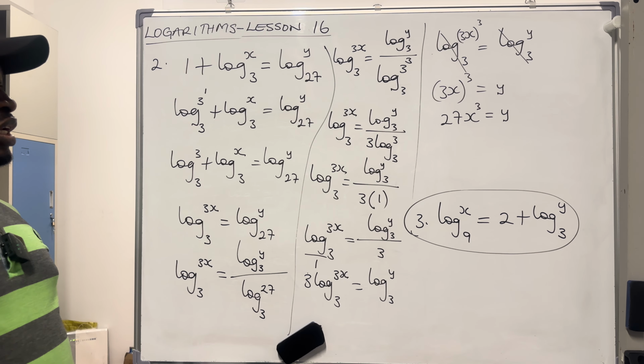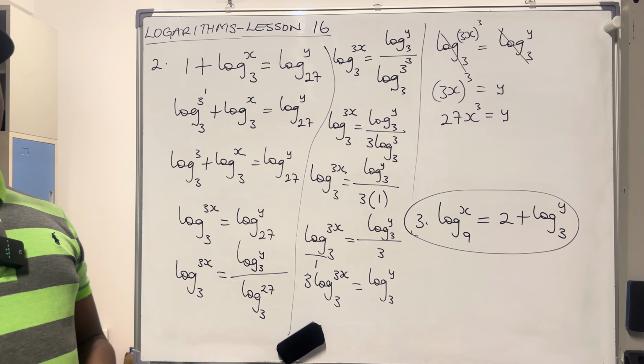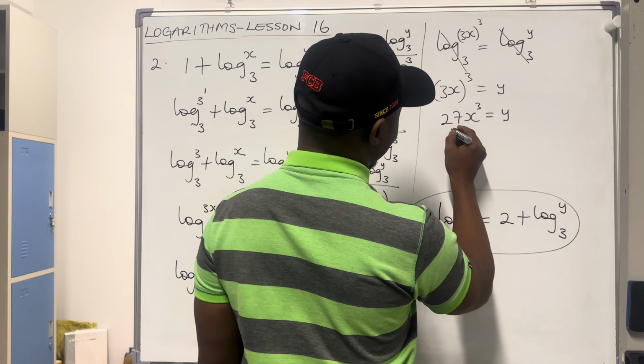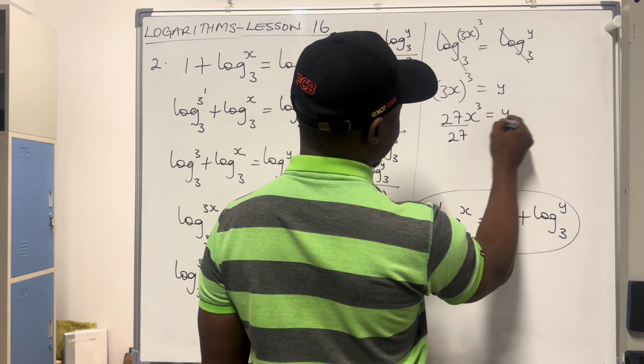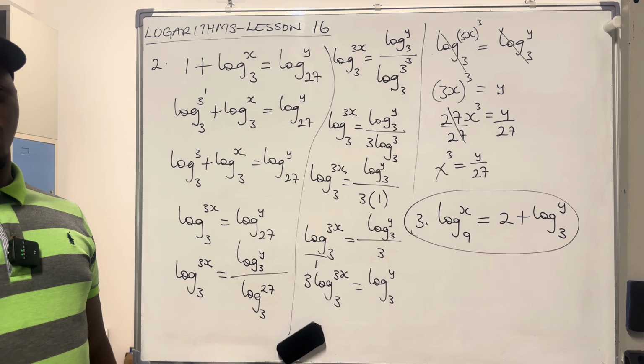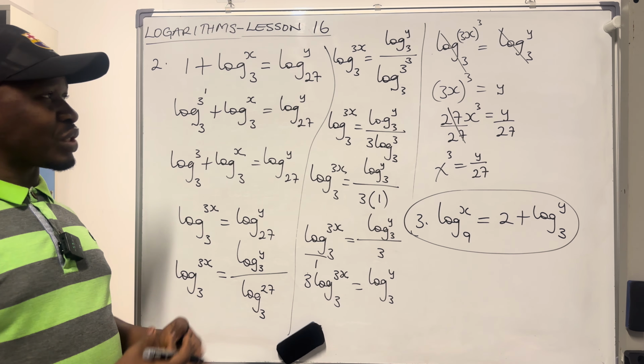No, because the question is to express x in terms of y. So divide here by 27. So x cubed equal to y over 27. Is this our final answer? No, because we want x to stand alone.